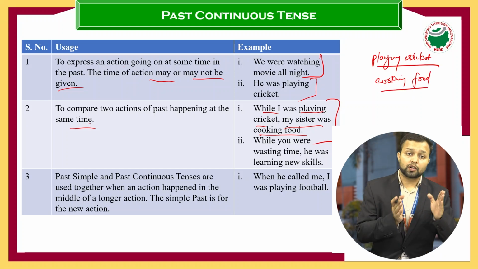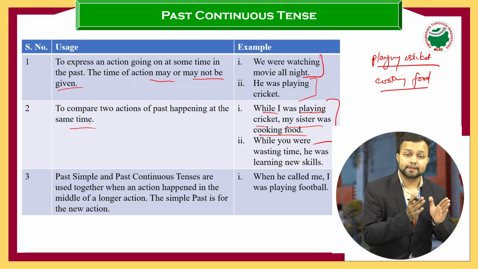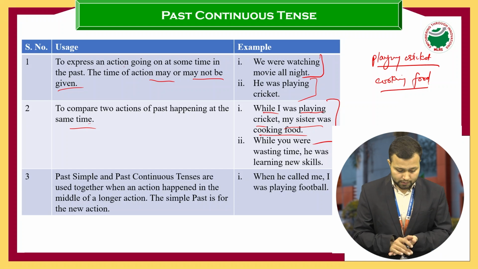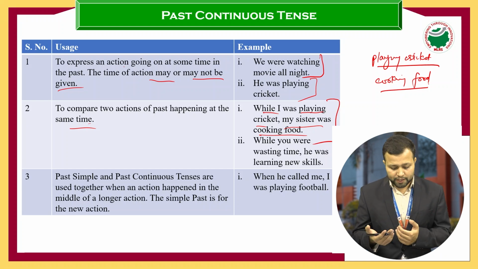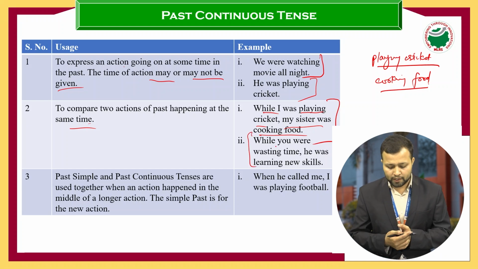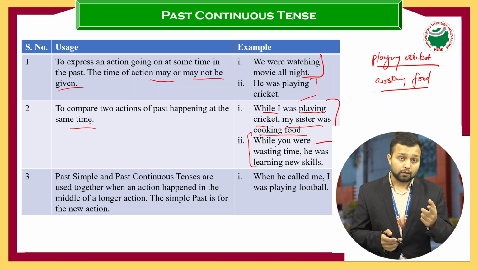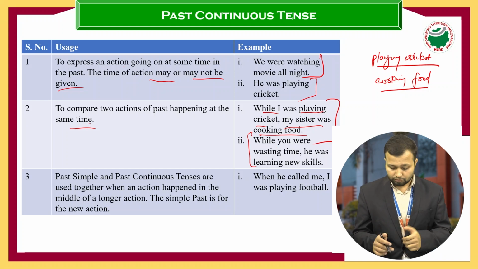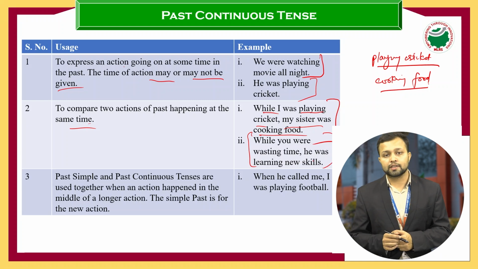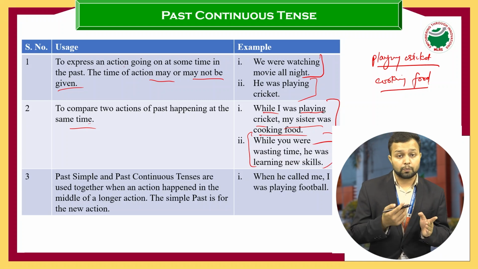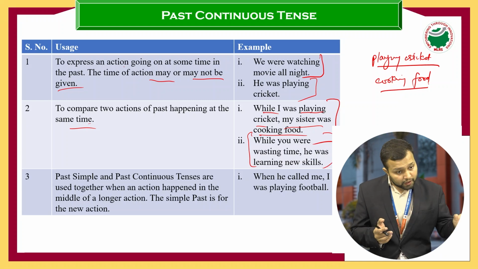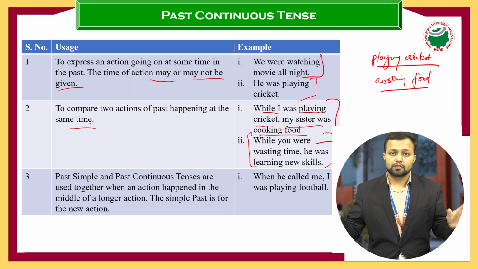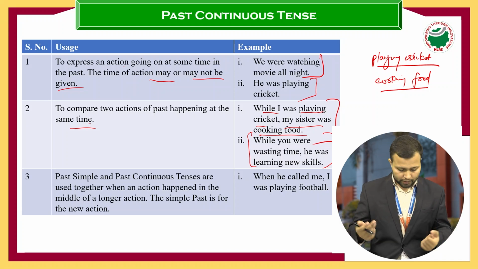Both the actions were going simultaneously at the same point of time in past. So to compare those two actions, next sentence is: while you were wasting time, he was learning new skills. So two actions are mentioned in this sentence, and both the actions are compared. That when one thing was happening, second thing was also happening at the same time.